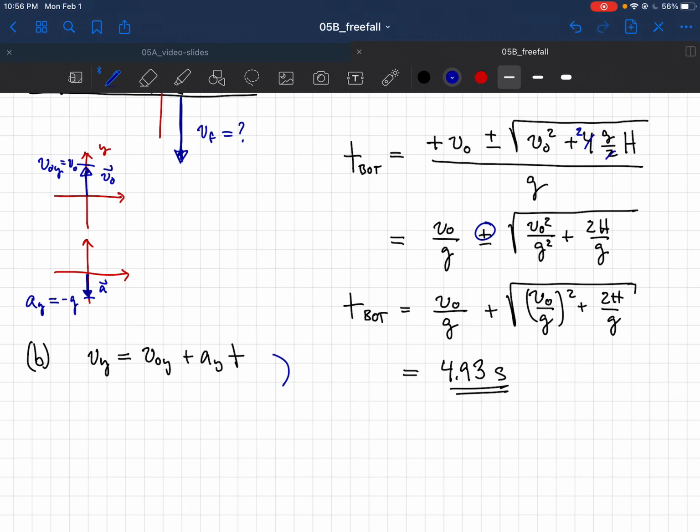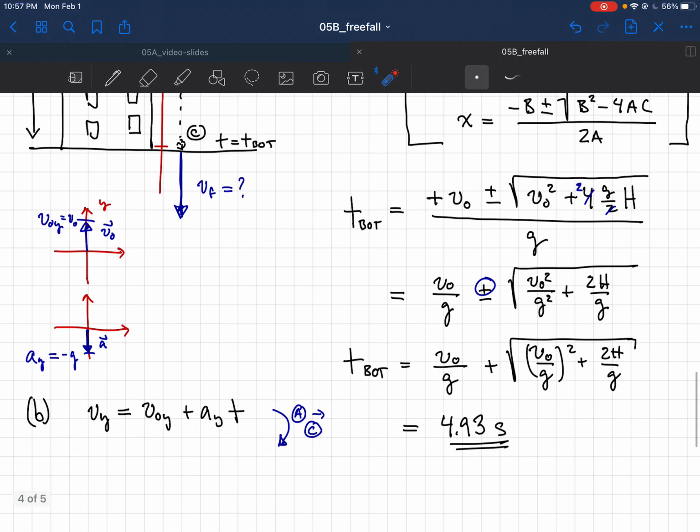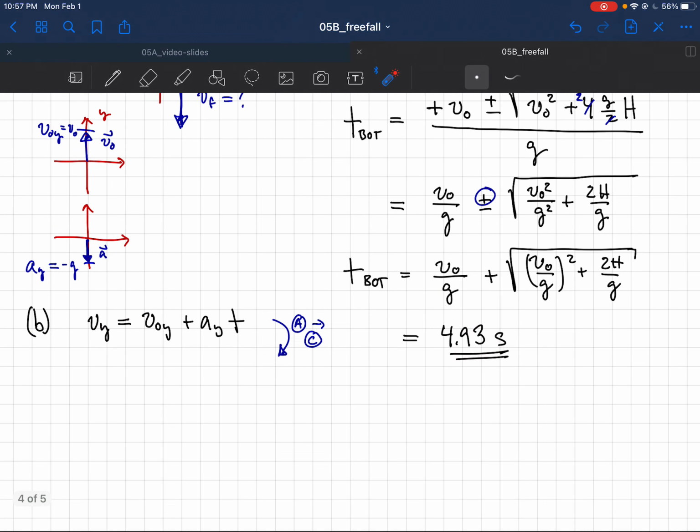And if we apply that with exactly the same initial and final conditions as we did before, then we can use t to be t bottom, meaning we're using the amount of time that we've already calculated from the launch moment to the final moment when it hits the ground. And then we should be able to make a calculation of the final velocity in the y direction.